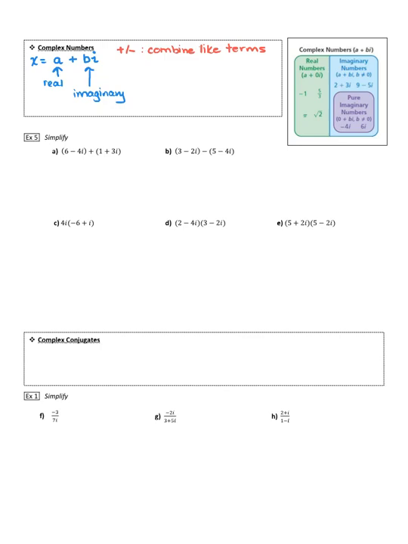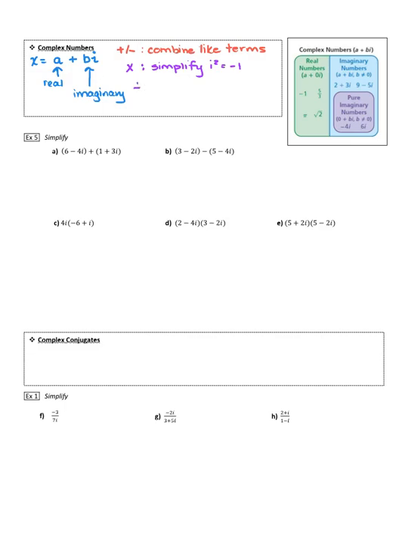When we're going to be multiplying complex numbers, you want to utilize the fact that when you're done, you can simplify anything that is i squared with -1. It basically changes the sign of your answer.